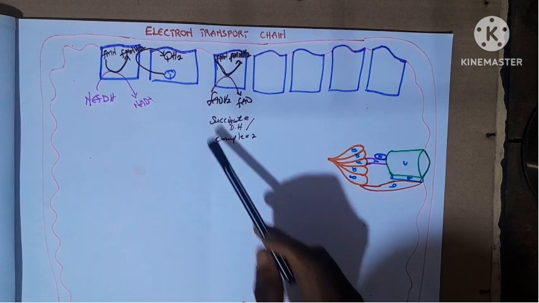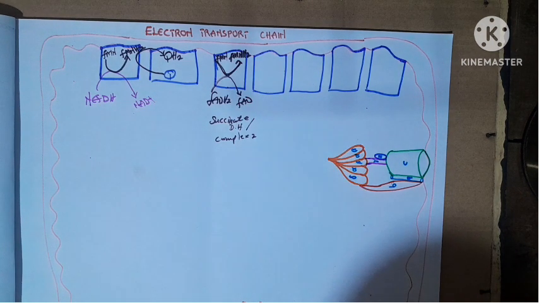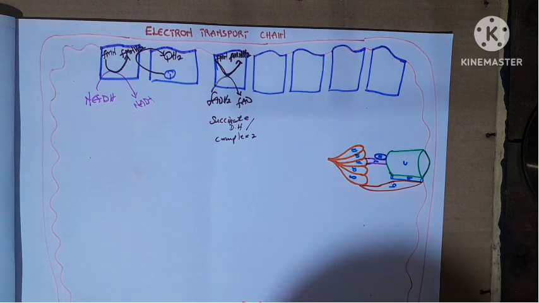And when this flavin mononucleotide picks up these electrons, it will want to drop them off. It always wants to be alone, so the electrons that it is carrying, it will always want to drop off.